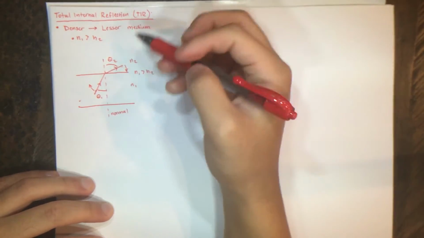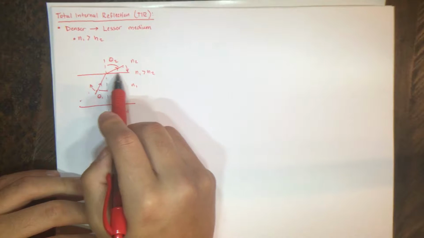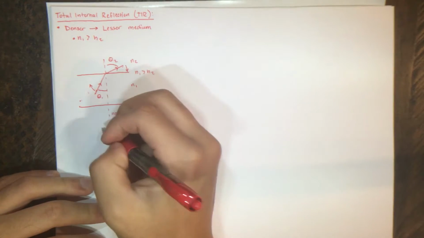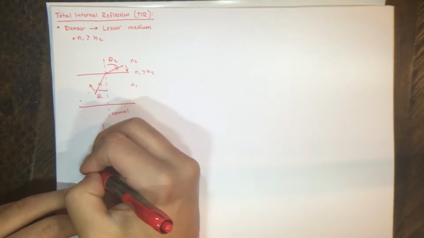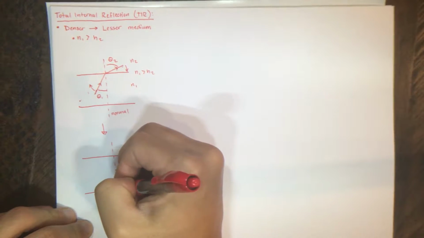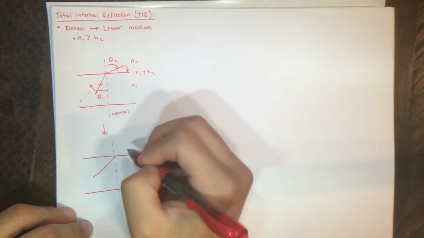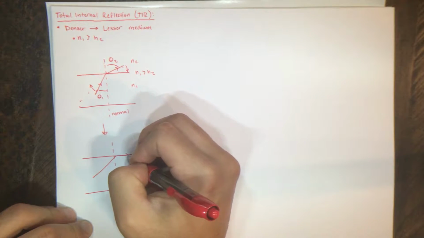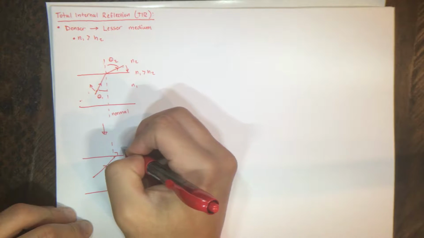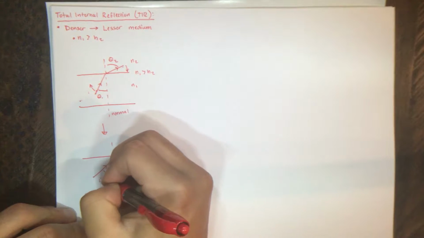And so what we're trying to find is at what angle is theta 1 equivalent to the point where theta 2 is equal to 90 degrees. So what we're looking for is something like this. We have this here. Here's our normal. Okay, we're trying to look for an angle that comes in and looks like this, where this is theta 2 is equal to 90 degrees, and this is theta 1.